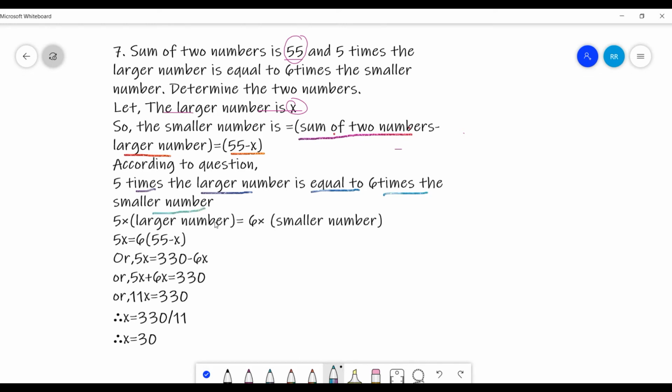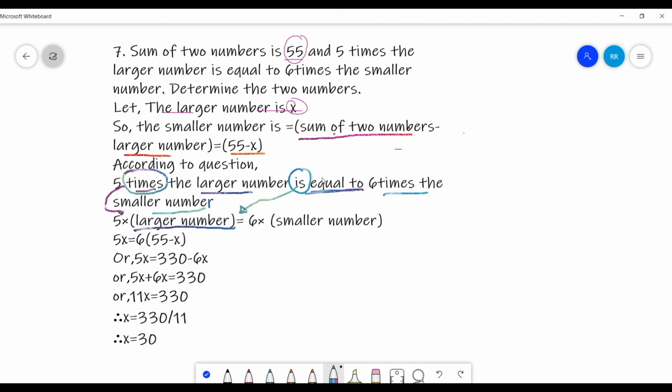I think all of you know that if I find the word "times," you have to replace it with a multiplication sign. 5 into the larger number. Then the word "is" you have to replace with an equal sign.